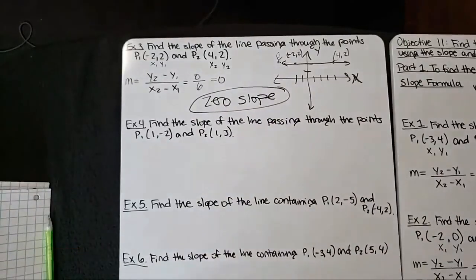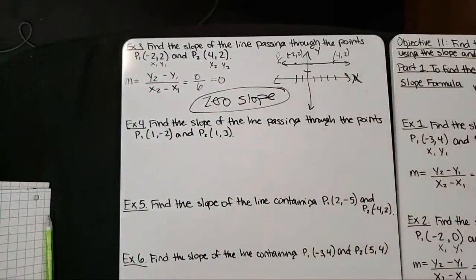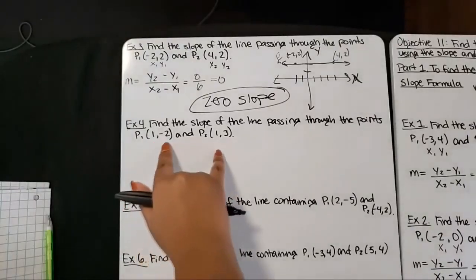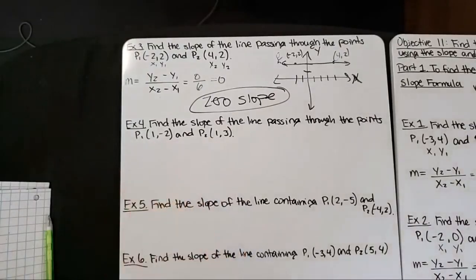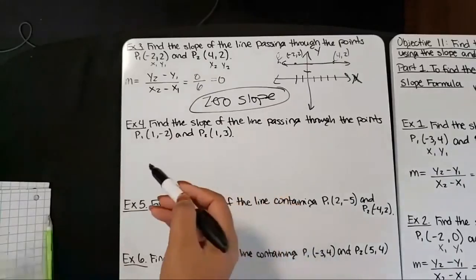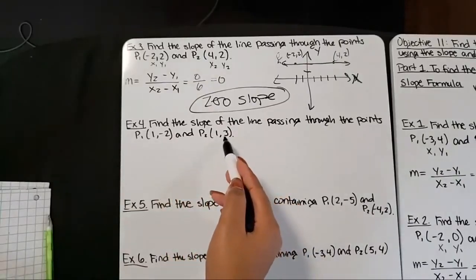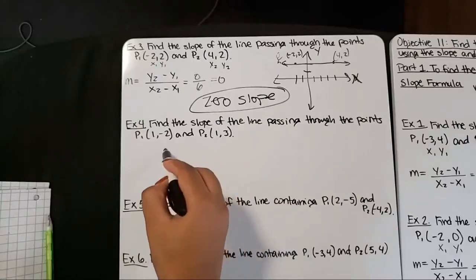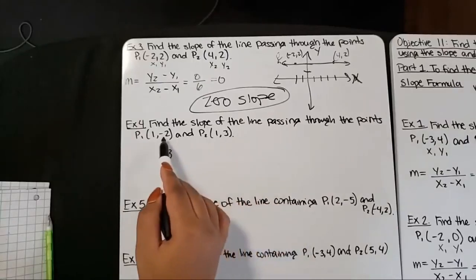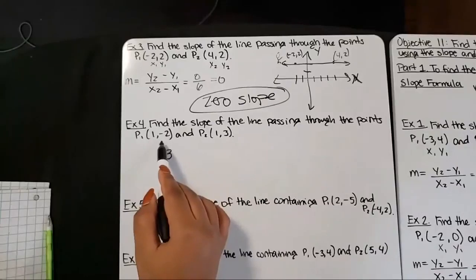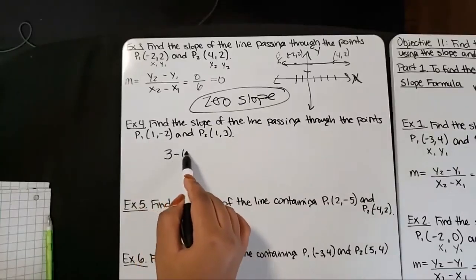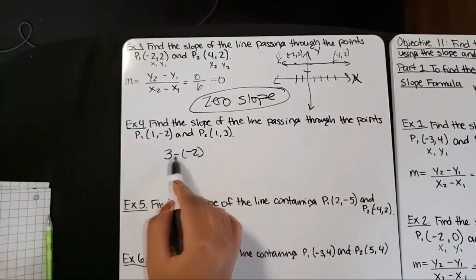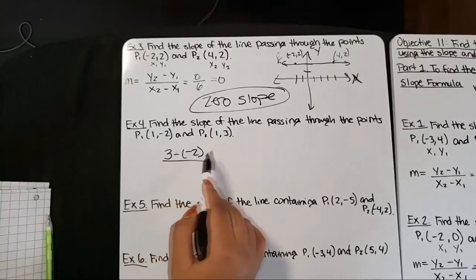Okay, so let's look at number 4. Let's look at these 2 points. All right, so our y2 is 3 and our y1 is -2. So we have 3 minus -2.